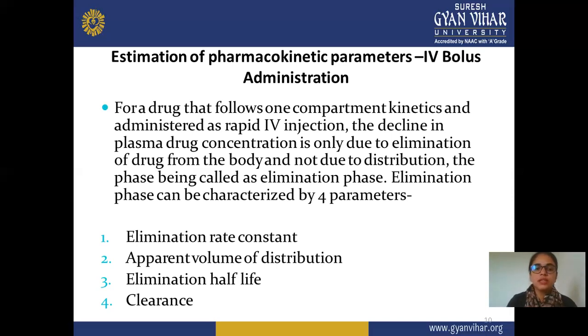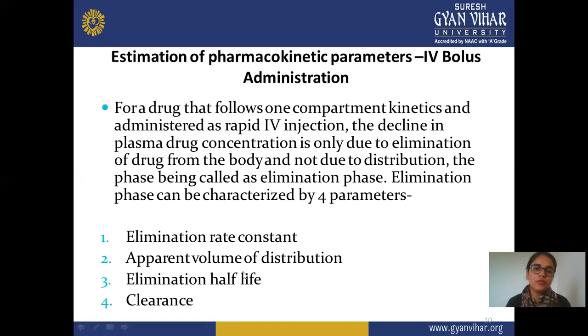In this, the declining phase, the removal of the drug from your body, is known as the elimination phase, and the elimination phase can be characterized by 4 parameters. First is the elimination rate constant, second is the apparent volume of distribution, third is the elimination half-life, and fourth is clearance.